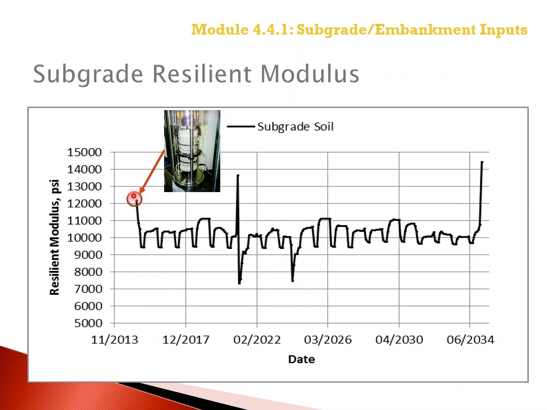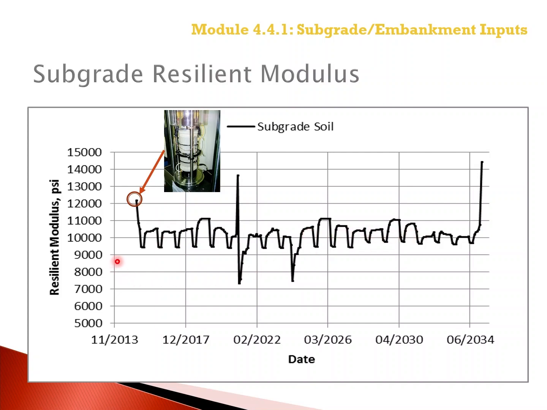So the starting point for the resilient modulus, from the lab test or another field test or lab test, becomes very important, as well as the water content and dry density associated with that test, because those are the starting points, and then the EICM makes modifications for increasing and/or decreasing the degree of saturation, and that defines how the resilient modulus is going to change over the design period itself.